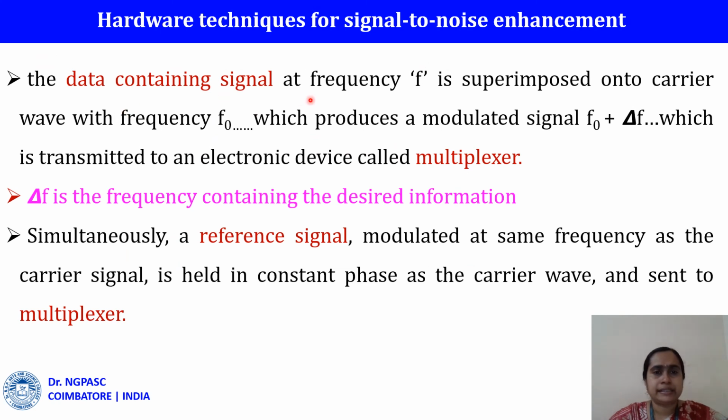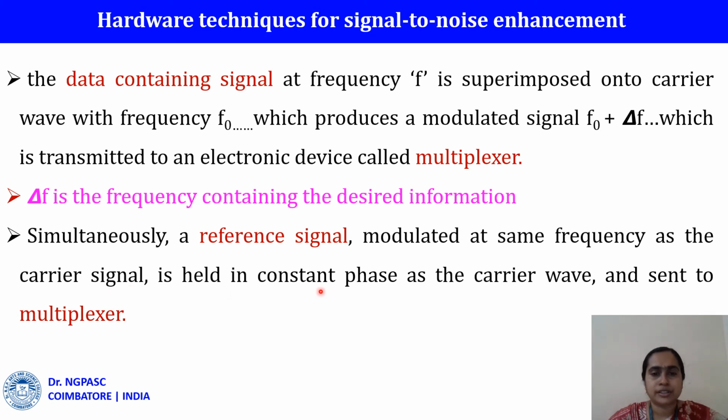Now the data containing signal at frequency f is superimposed onto a carrier wave with frequency f0, which produces a modulated signal f0 plus delta f, which is transmitted to an electronic device called a multiplexer. Delta f is the frequency containing the desired information. Simultaneously, a reference signal is also modulated at the same frequency as the carrier signal.